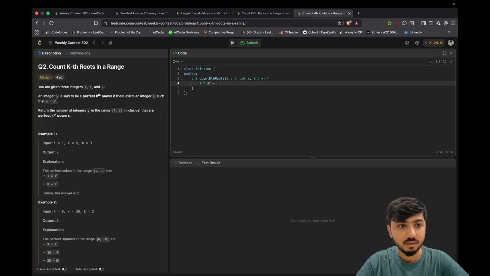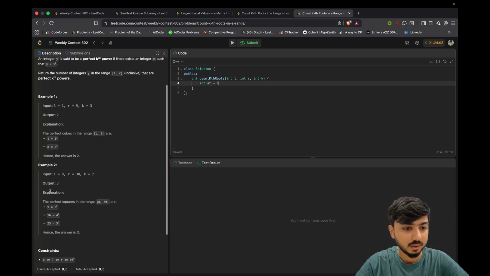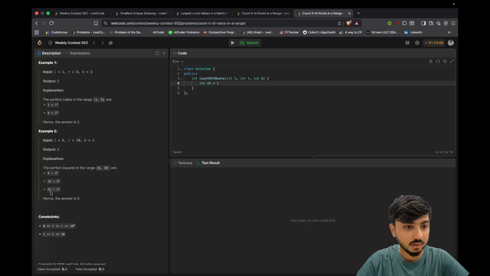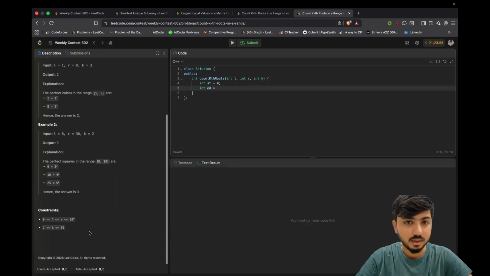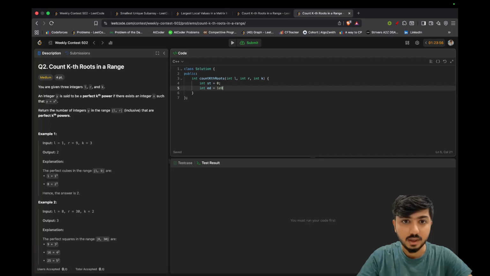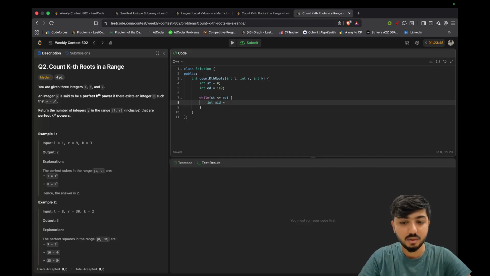Int start is equal to 0. Int end is equal to, what is the n? Yeah, 1e9. While start is less than equal to end, mid is equal to start plus end minus start by 2.